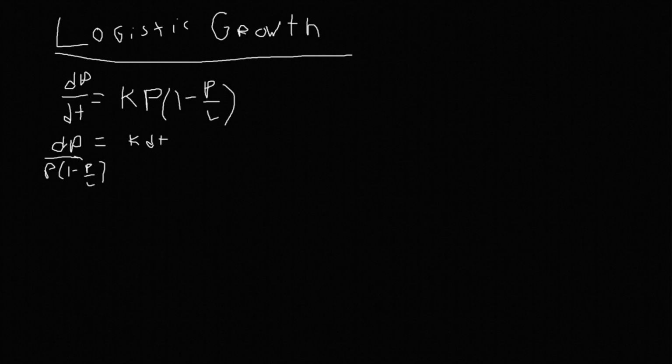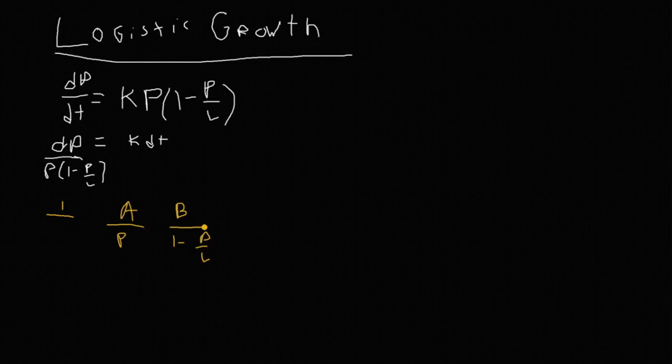And so you're going to notice that this is going to be some partial fractions. The partial fractions state that you have something A and B so that we can have just p and 1 minus p over L here.